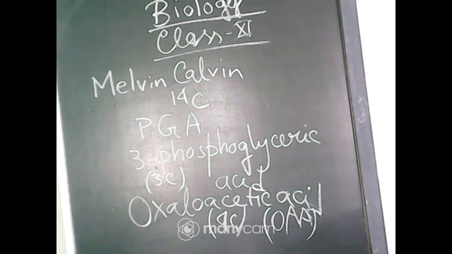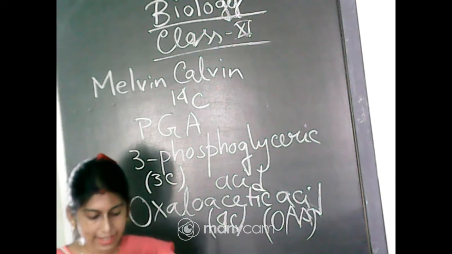So scientists found that in some plants the first compound is 3-phosphoglyceric acid, or PGA, which is a 3-carbon compound, and when they performed this experiment on a wide range of plants, they found another compound which is a 4-carbon compound, oxaloacetic acid, or its short form OAA.